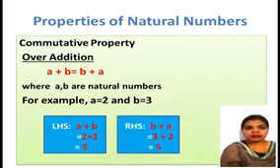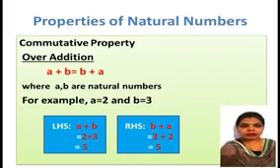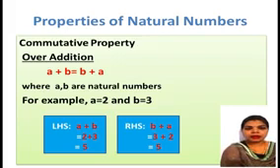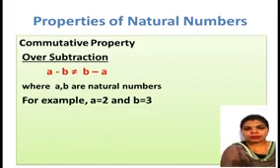Now on RHS we have b plus a, which is equal to 3 plus 2, which is equal to 5. So both LHS and RHS, we can see that they have same value. So we can say that commutative property over addition is valid for natural numbers.